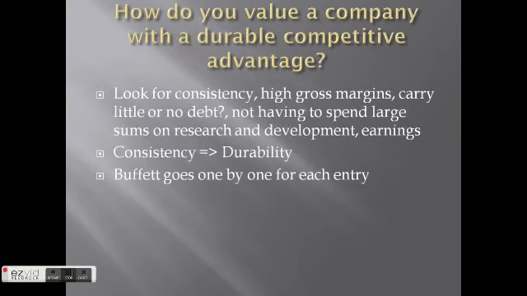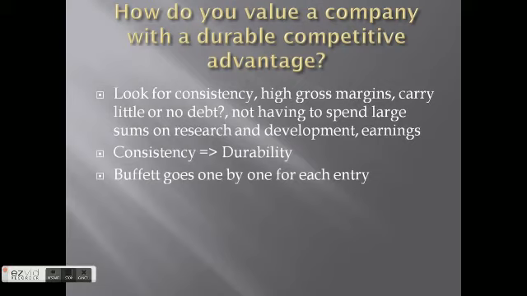So the second point, how do you value this company? And that's what this book sort of delves more specifically on. Looking for, essentially, Warren Buffett looks for consistency more than anything else. He looks for high gross margins, companies that carry little or no debt, or those that don't have to spend large amounts on research and development, and the general trends of the company's earnings.